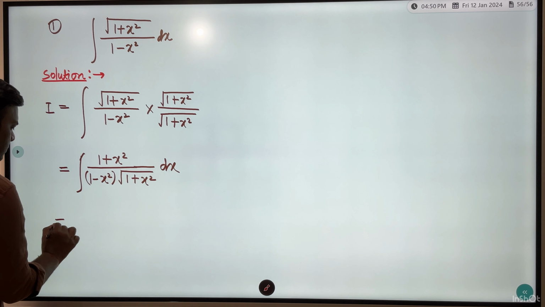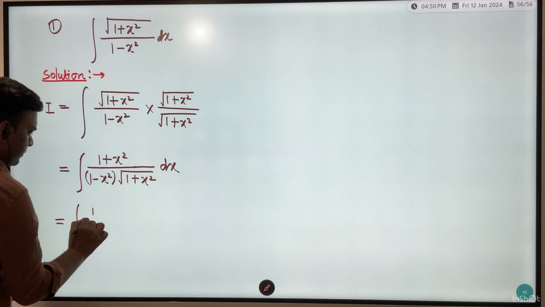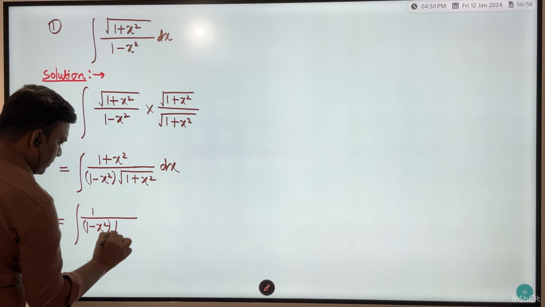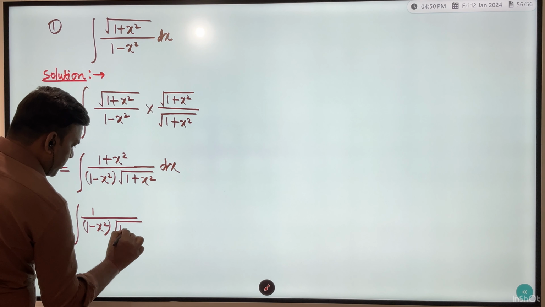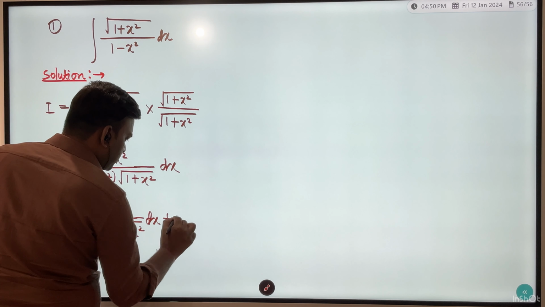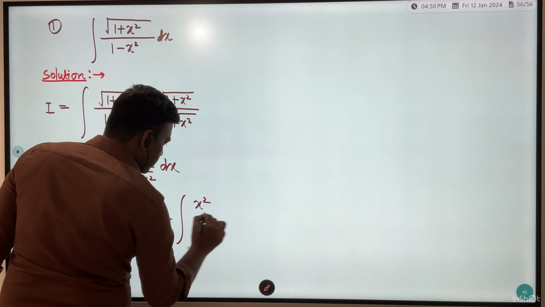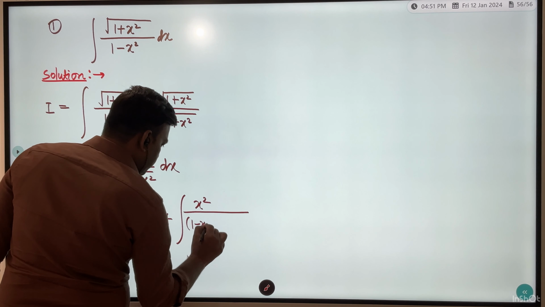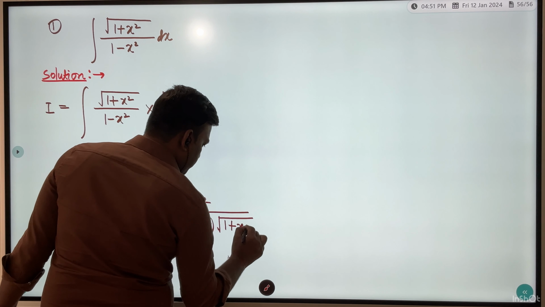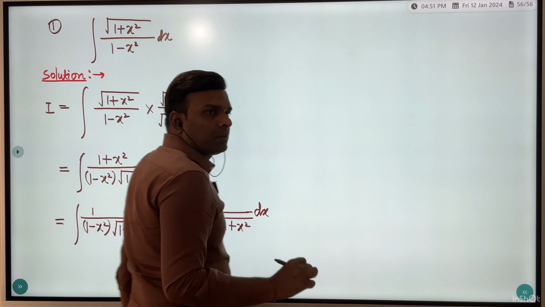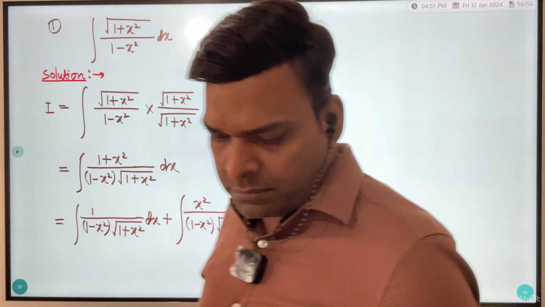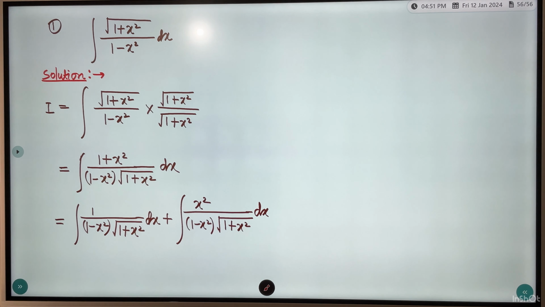So the given integration can be further written as integral of 1 upon 1 minus x square, square root of 1 plus x square, dx, plus integration of x square divided by 1 minus x square into a square root of 1 plus x square. So what we have done is we have just separated it into two terms. Like in numerator it was 1 plus x square, so we have separated it like 1 and x square in a different way.